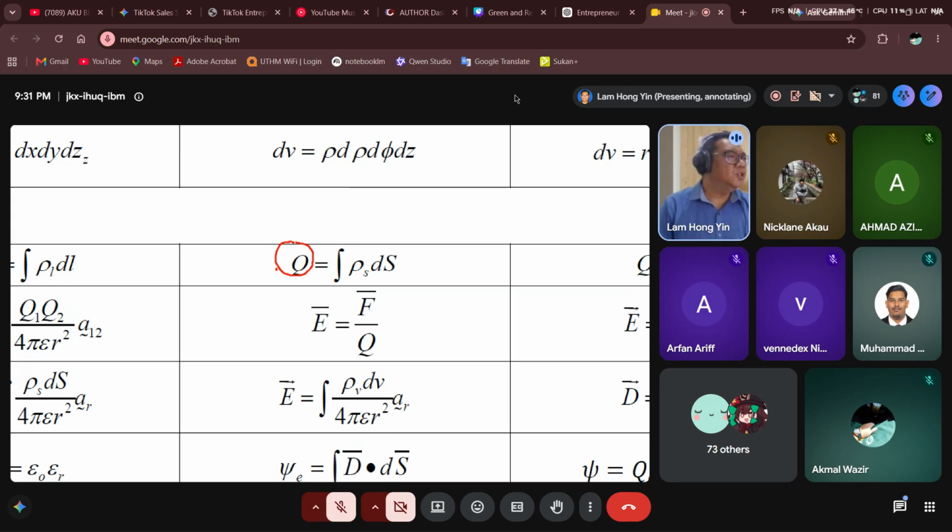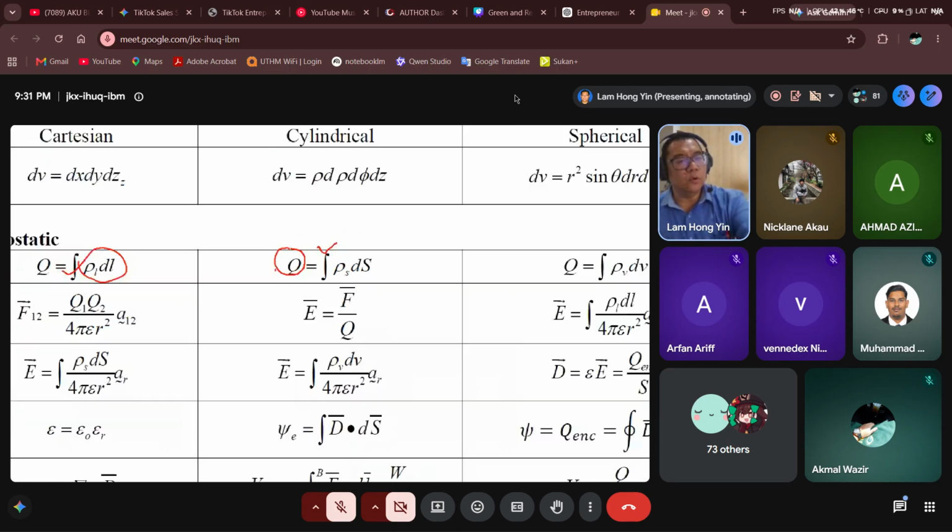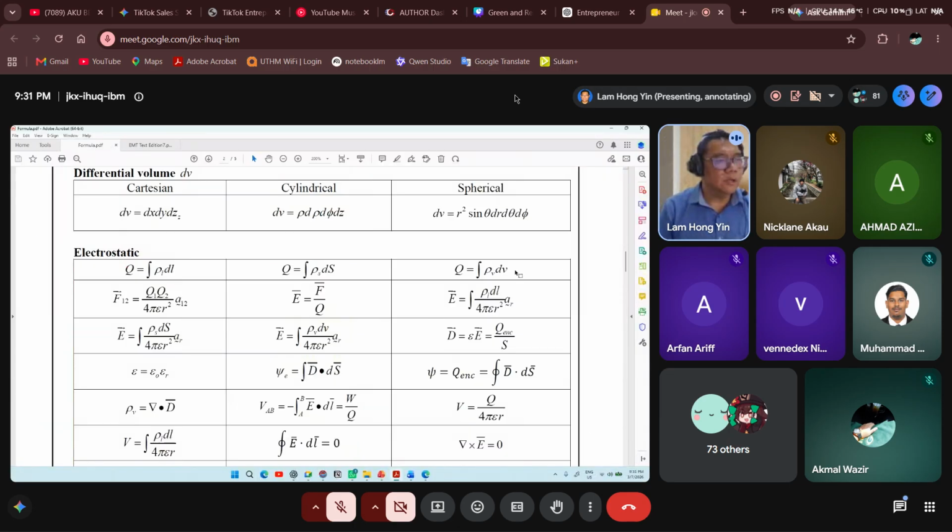And why do I choose rho s ds? Because it's given in the question. I don't choose rho L, and I also don't choose rho V, because it's not related to the problem. So I choose this one.